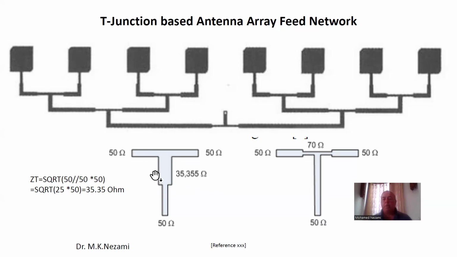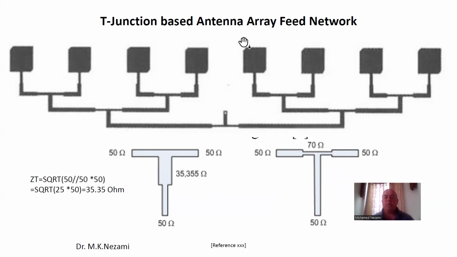Or you could do it this way, where you have 50 ohm, and now you go in here with a line which is 70 ohm, that transforms this impedance here to 50 ohm on each side, just like you would do for a Wilkinson.